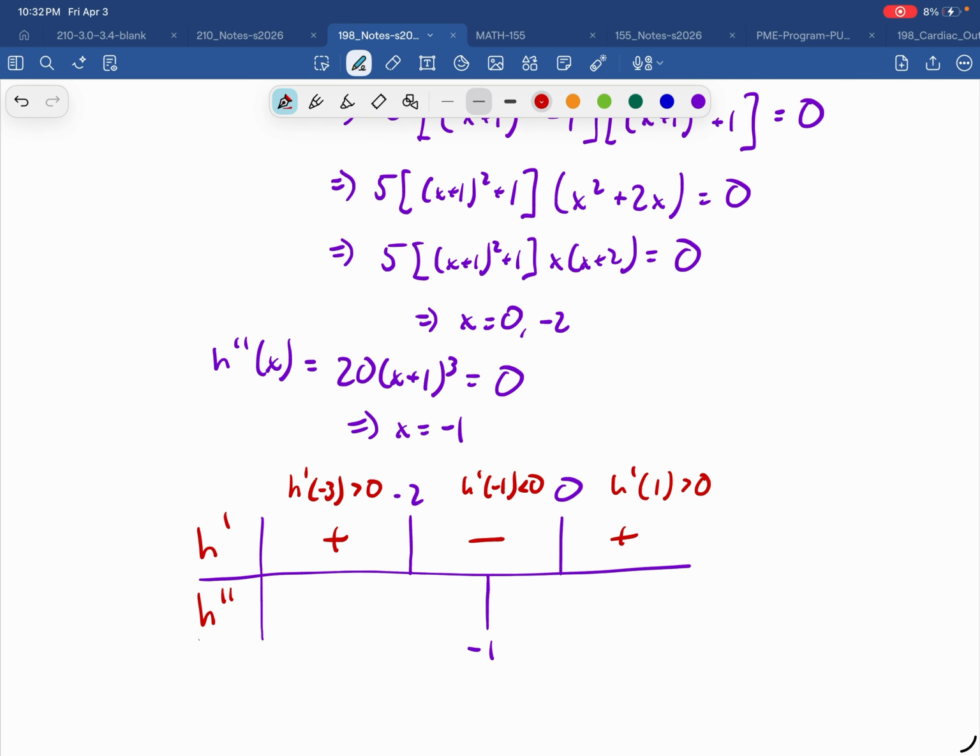Here, h double prime of, I don't know, -2. I think that's going to be less than 0. And actually, I like to put a minus sign for each interval that it's above or below. And anyway, h double prime of, let's say, 0 is definitely going to be positive.